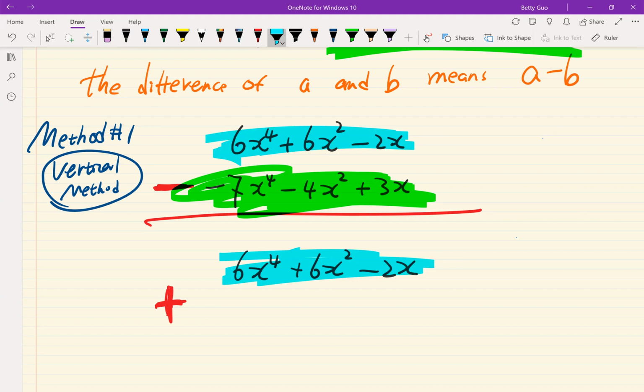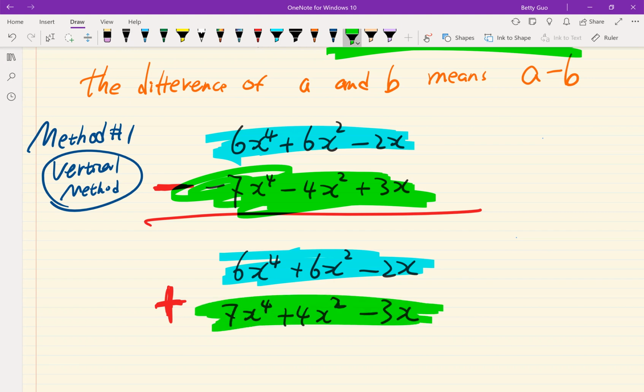The first term, negative 7x fourth. So we're going to write it as positive 7x fourth. Do you see what I'm talking about? And the second term, negative 4x squared. We are going to write it as positive 4x squared. Third term, 3x. We are going to write it as negative 3x. So that's green.